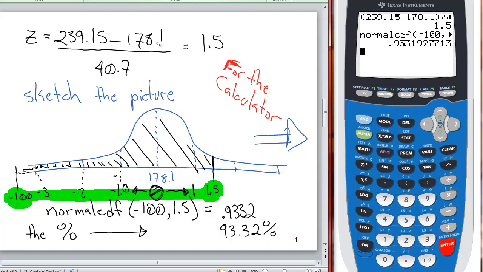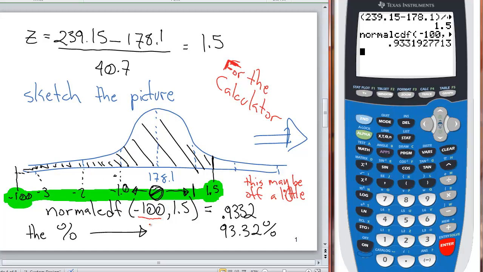Now, note, this may be off a little, okay, from a table or what you might see in the back of the book or something like that, because sometimes you have to do some estimating when you use a table. Sometimes they don't use negative 100. They might use something else.